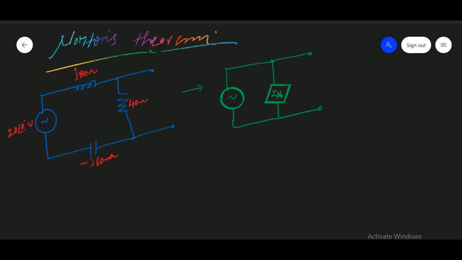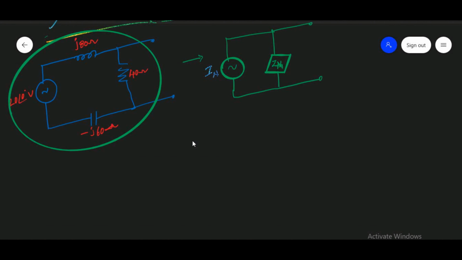You have to replace this total section with IN, the Norton's current, and the Norton's impedance. So we have to reduce this total circuit.